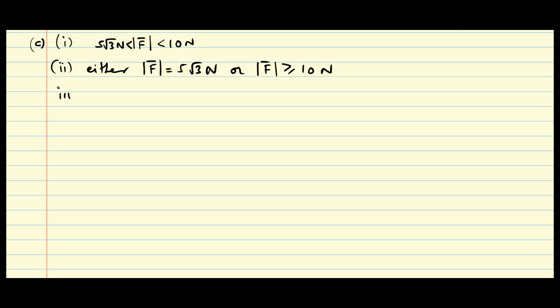And the third question, what is the condition for there to be no possible direction for F bar? Mod of F bar should be less than 5 root 3 newtons. Now if you are stuck, I suggest that you do it by the geometrical method, by the triangle law.